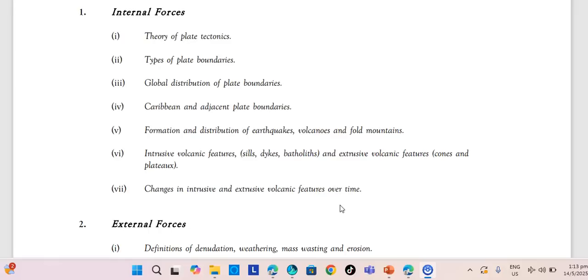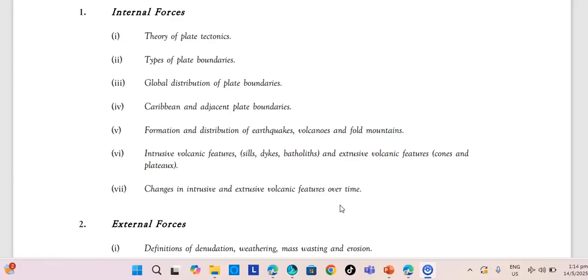So extrusive features like volcanic cones and lava plateaus are already on the Earth's surface. Over time, wind, rain, and rivers wear them down. So volcanic cones can lose their shape or size. Craters may get filled in or collapse. Lava plateaus can crack, break apart, or get covered by soil and plants.